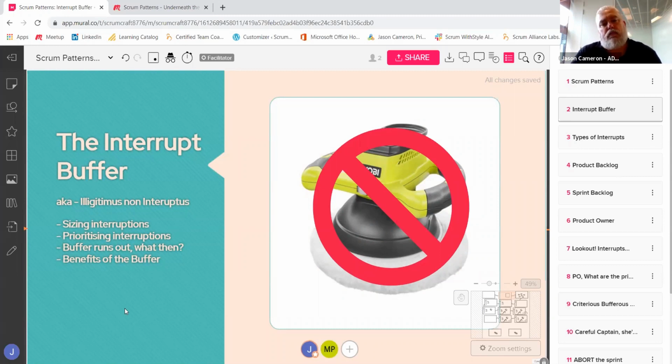But what is the role that is involved in prioritizing those interruptions? When the buffer runs out, what do we do then? And also, understanding why would we introduce this type of a concept when we're managing our sprints, either as a product owner, Scrum Master, or a team member. So with that in mind, we'll move on.